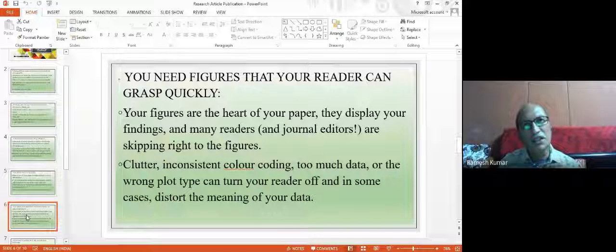When it comes to selecting papers among the thousands of papers they receive every month, the first look should be interesting. If the first look of your paper itself is not interesting, it will not go further. It will get rejected at the desk itself.